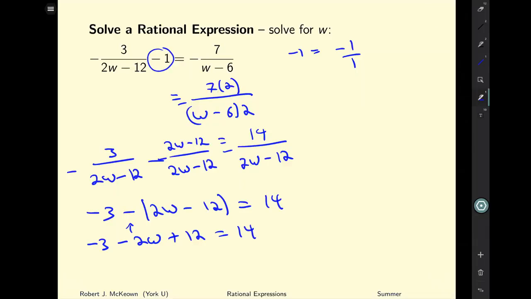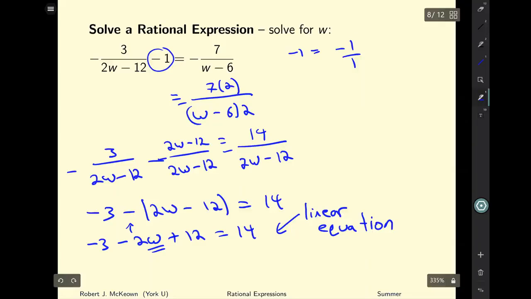Now notice that I've just got a w and a bunch of numbers, and so this is now linear. It's a linear equation, and that means I'm going to get one solution.